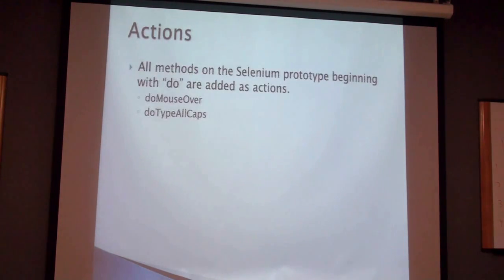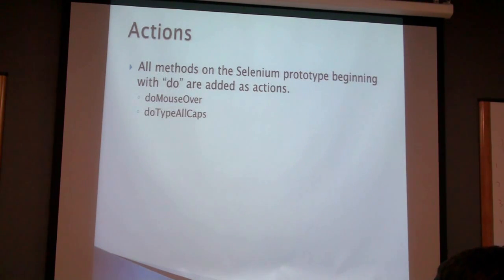So here's how it works. If you want to create a new action for yourself, like click but instead of maybe type, you want to say type all caps, right? You would actually say do, and that will let your Selenium PageBot and prototype know that you actually mean an action. So in this case, I'm doing the do mouse over or do type all caps.